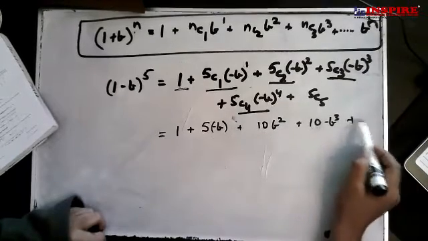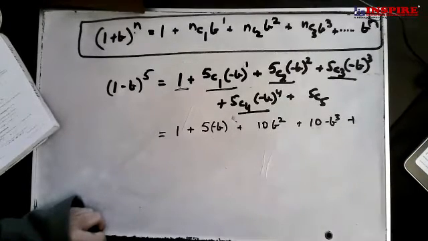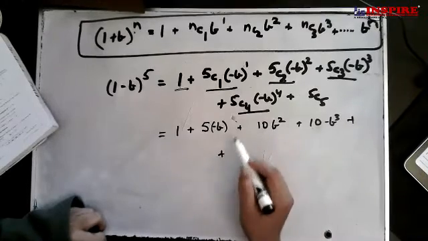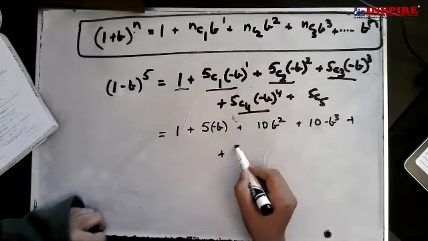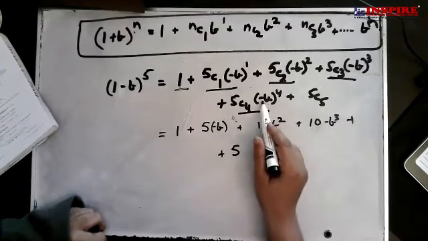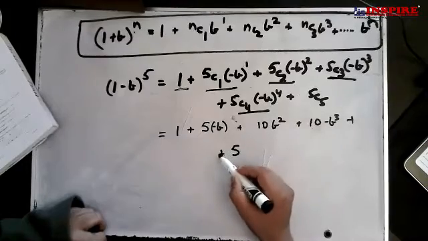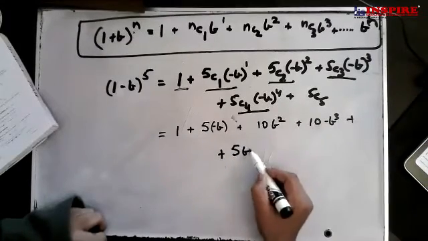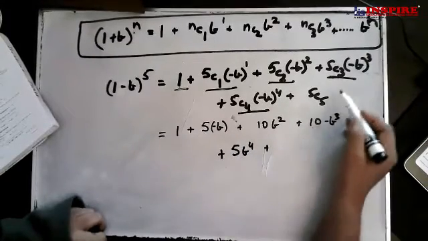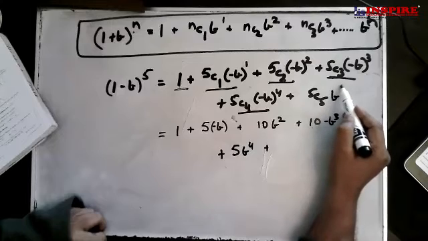Plus 5C4 is a 5. Minus to the power of 4 is a plus. And b to the power of 4 is b4. Plus 5C5, b to the power of 5.